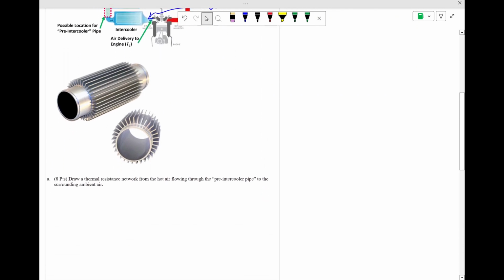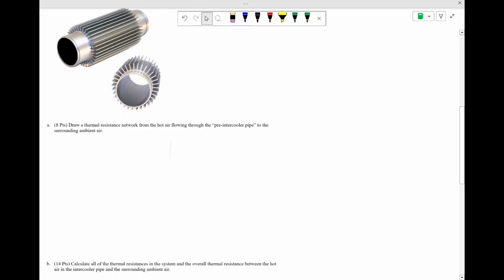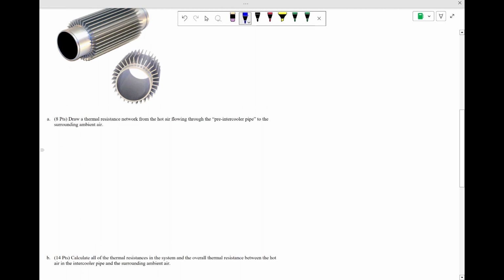To start off with, let's think about a thermal resistance network for the hot air flowing through this pre-intercooler pipe, and the thermal resistance from that to the surrounding ambient air. We've got a couple stages here. So let's sketch this out. We've got this pipe here, and there's going to be conduction through the wall of this pipe.